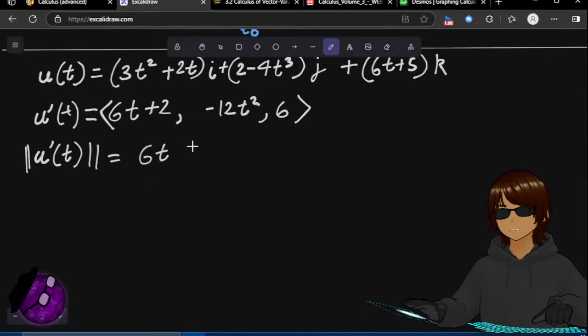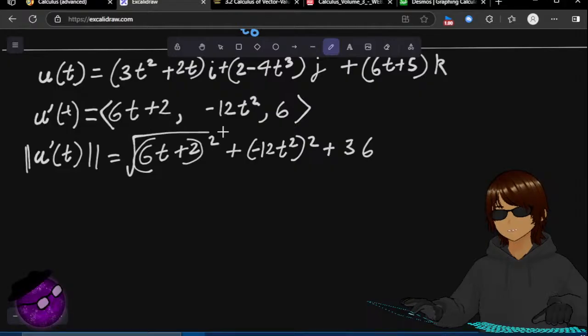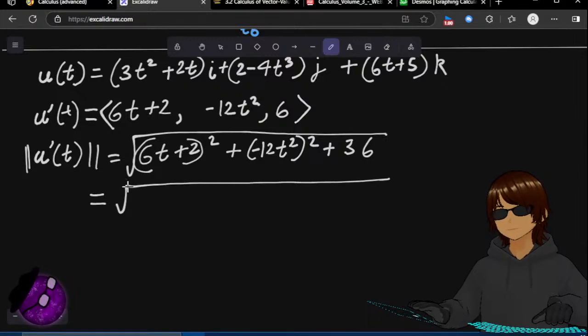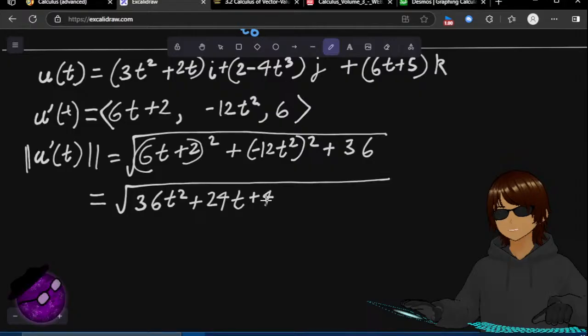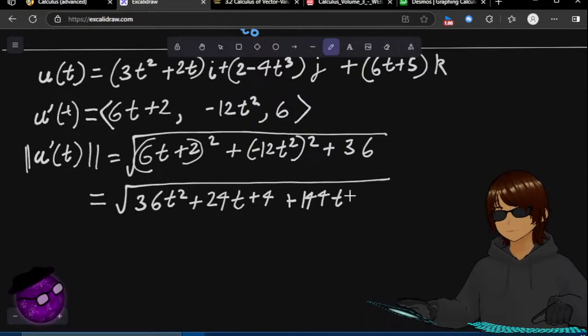This plus 2 square plus it with 6 square, which is 36. 36t, and then 6t times 2 is 12t, and then 12t again, so 24t plus 4, and then plus it with, okay, what was 12 square? 144 plus 36.